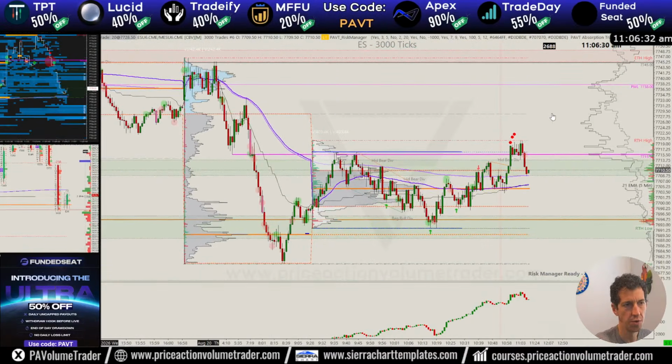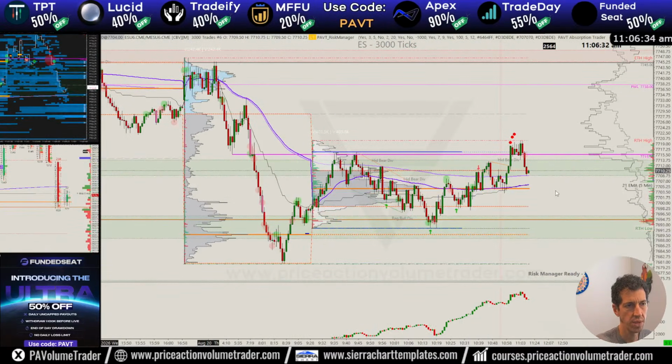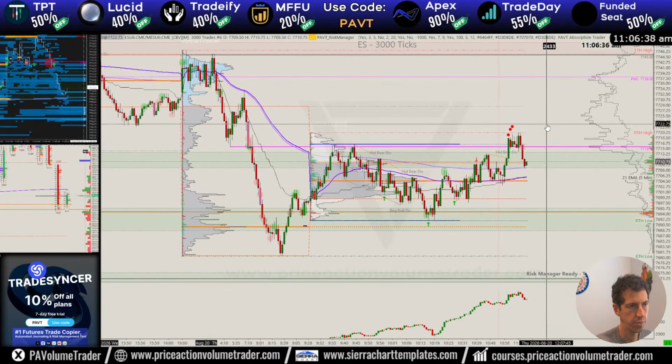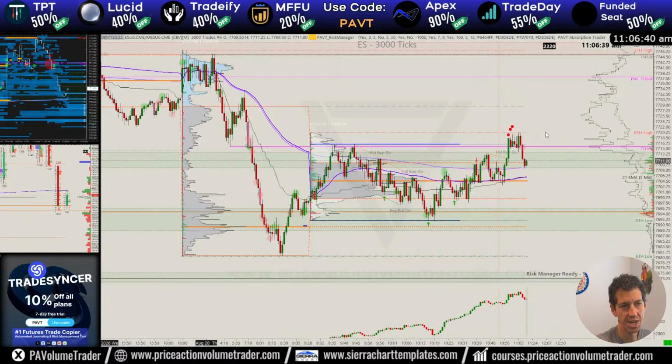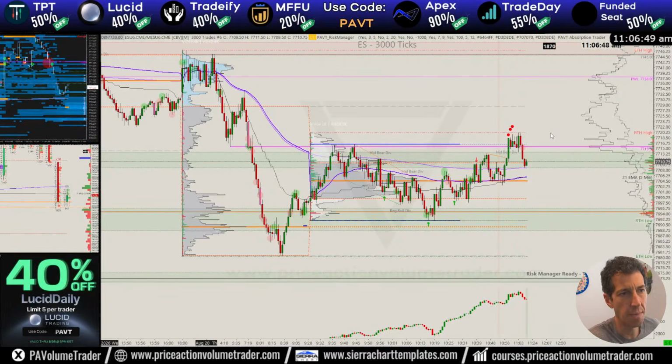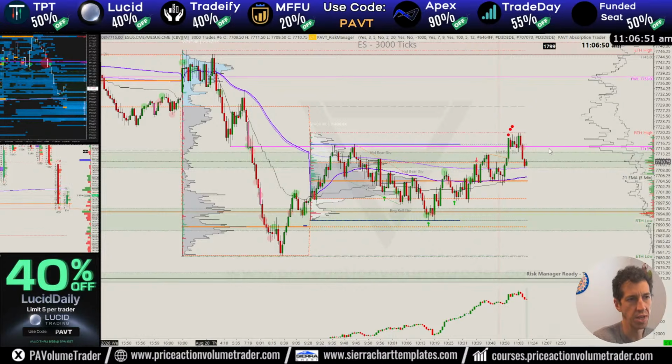That's what I look for. If you see prices contracting and then you see a lot of, let's say, aggressive selling getting absorbed at the bottom, then that might be a good signal that there might be a squeeze coming to the upside.